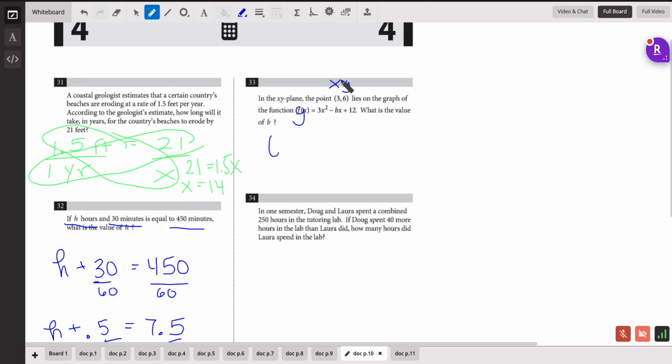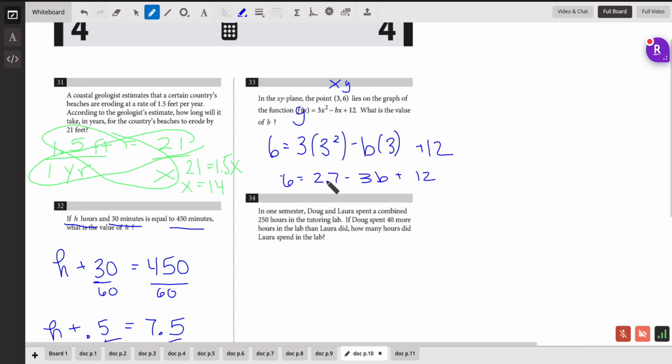So 6 equals, and I'm just plugging in here, 3 times 3 squared minus b times 3 plus 12. So 3 squared is 9 times 3 is 27. 6 equals 27 minus 3b plus 12.